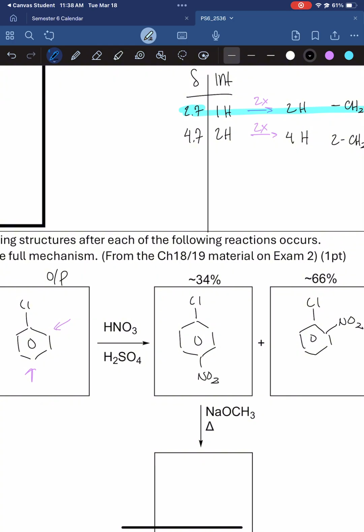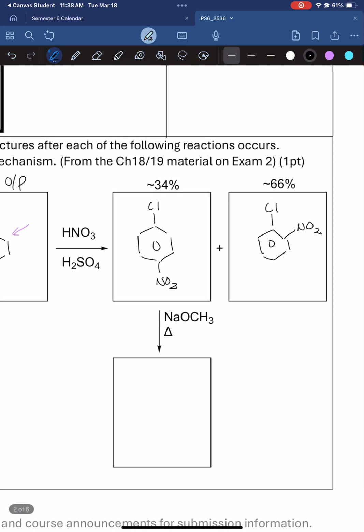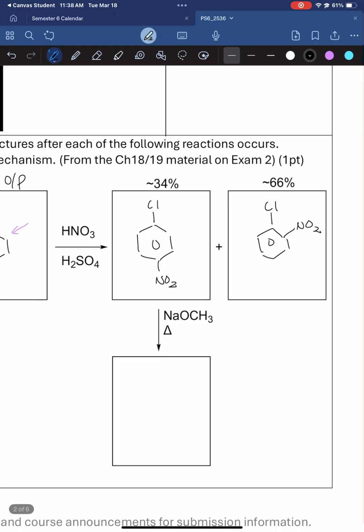And now we're taking this reactant and reacting with NaOCH3, and if you remember, plus heat. This is an aromatic nucleophilic substitution reaction, or our SNAr reaction. And all this is going to do is replace the chlorine up here with this methoxy group. Okay, so this is going to be your answer for question number 4.